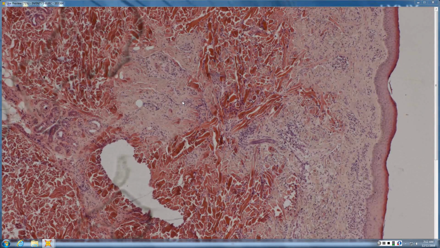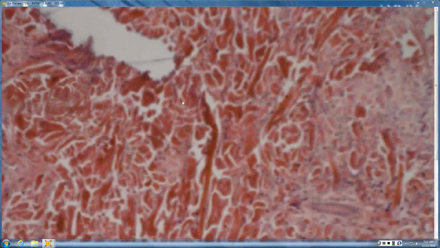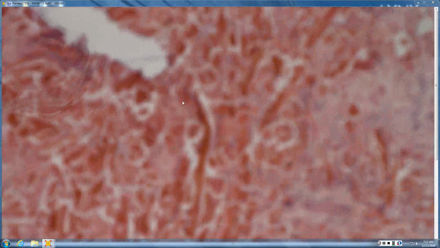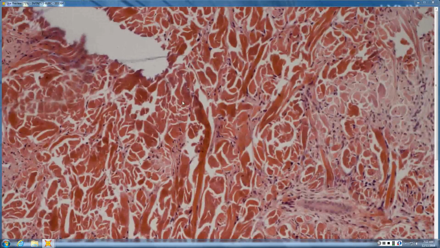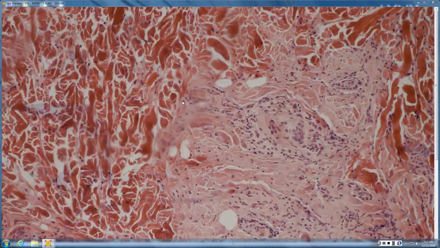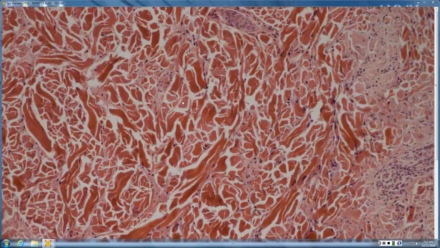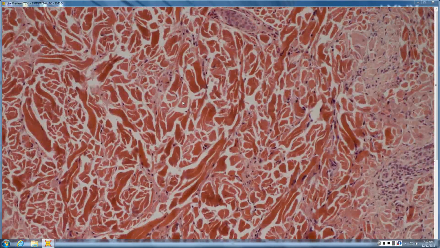Fairly thick, right? Normal, abnormal, what? The dermis is a little busy. Do you think the collagen bundles are arranged appropriately?